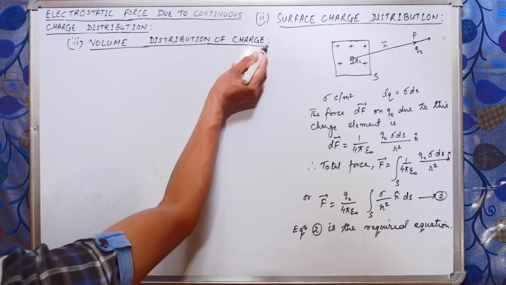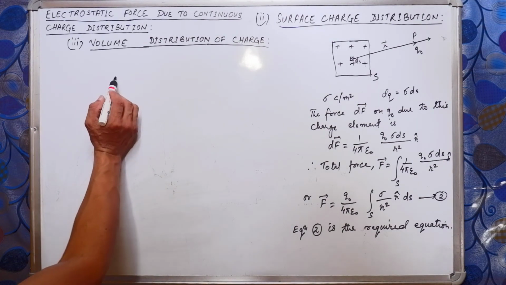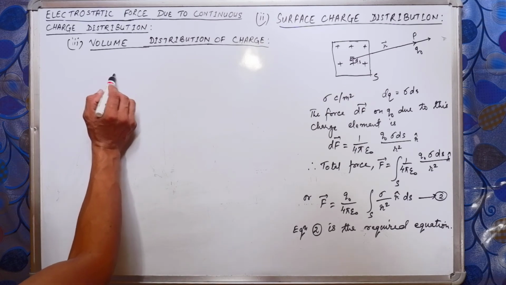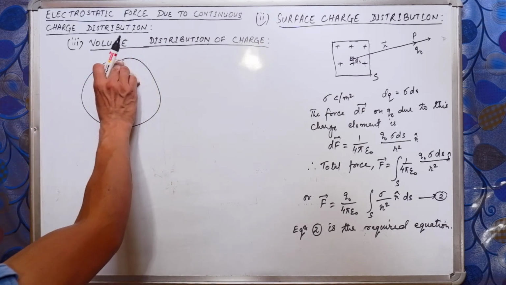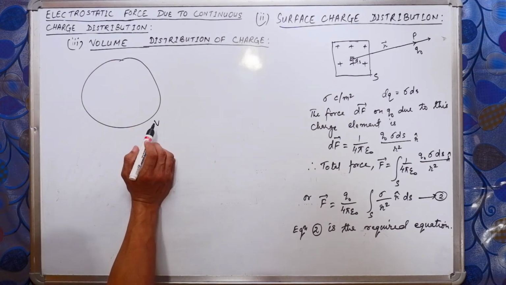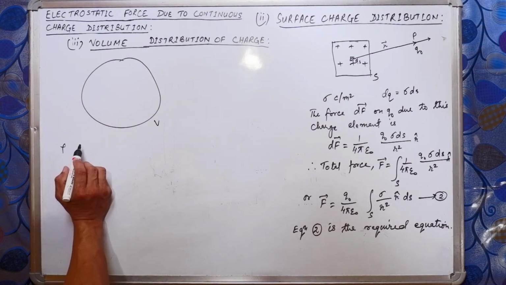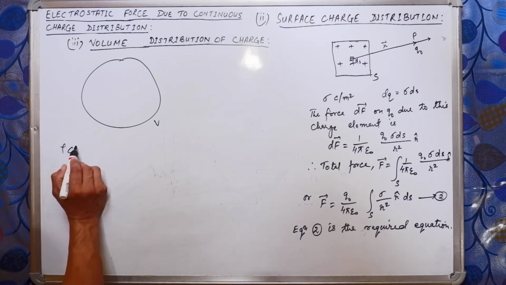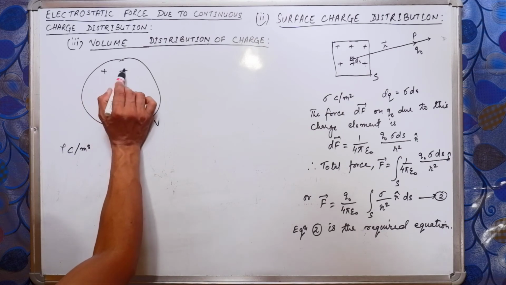Here also we will consider a volume V having positive volume charge density rho, coulomb per meter cube.